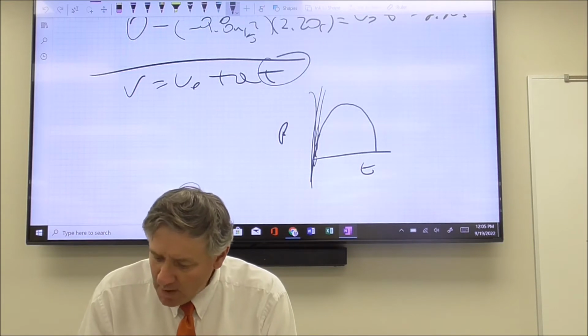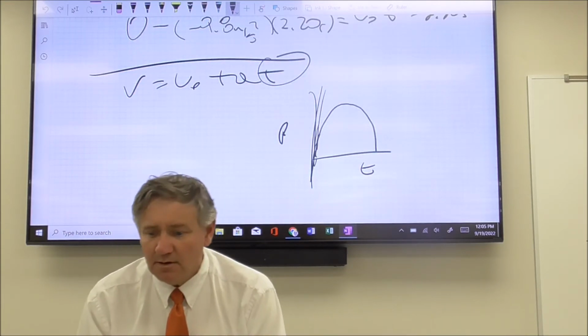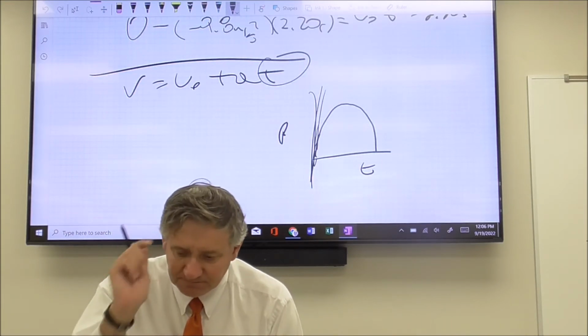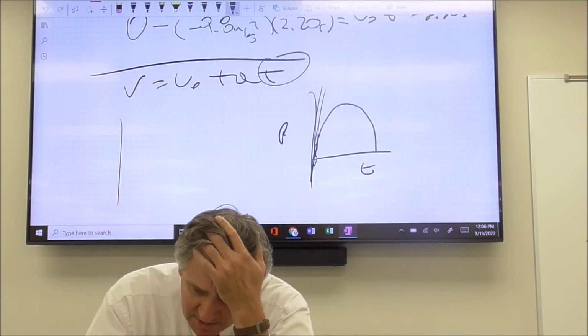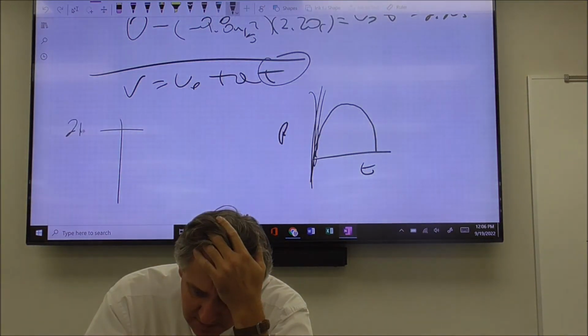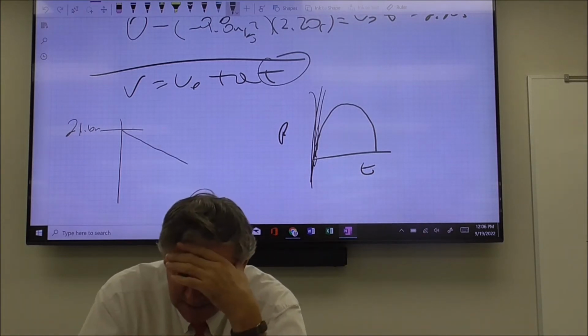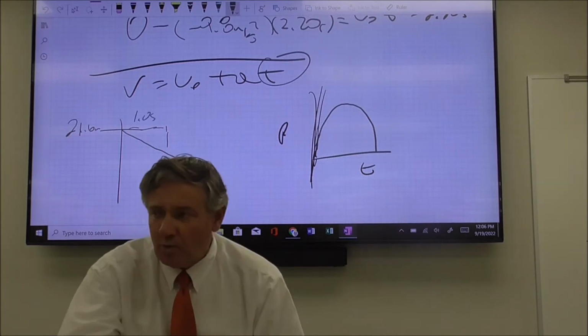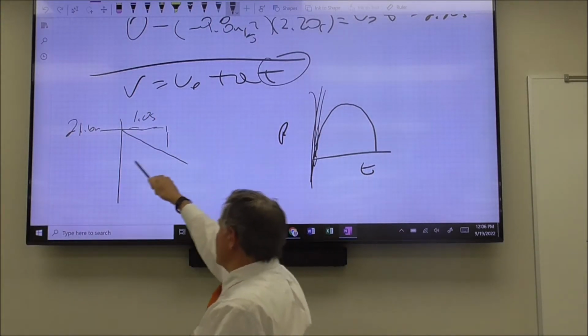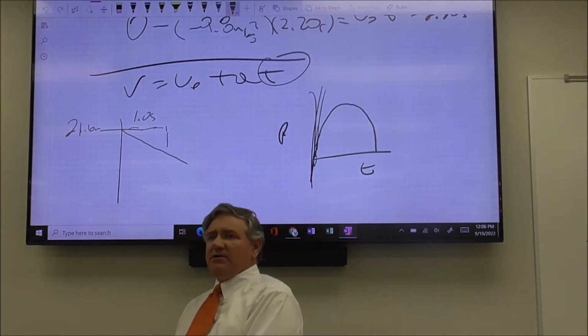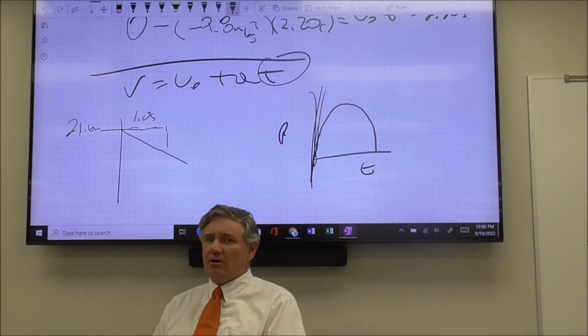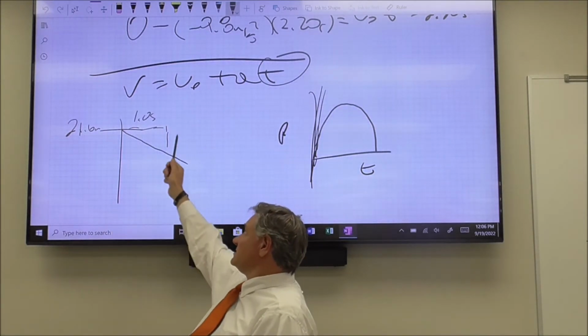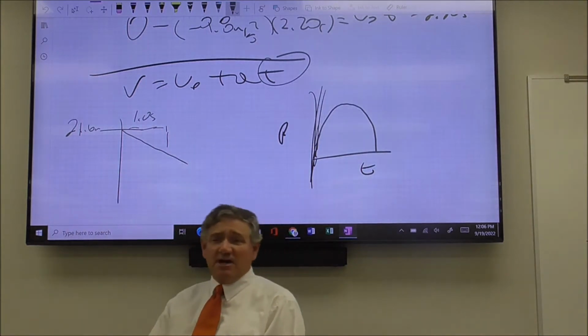Now, at 1 second, think this through. You started at 21.6 meters per second. This line is going to come down like this. Over 1 second, how far down are you going to go? 9.8. All you have to do is take 21.6 and subtract 9.8.